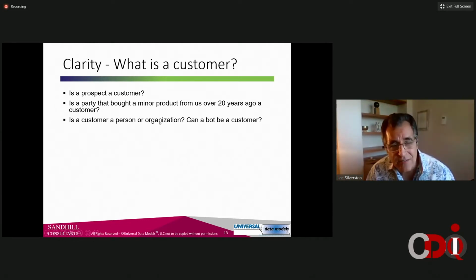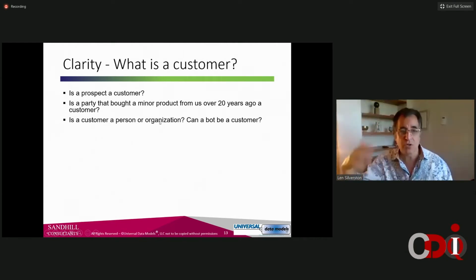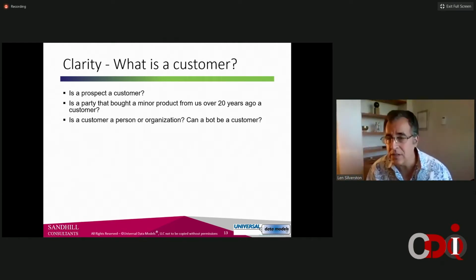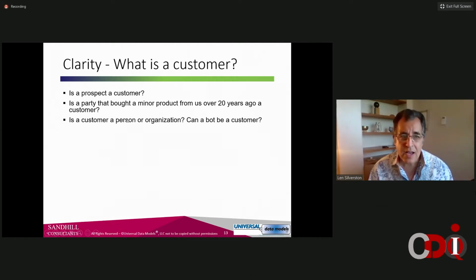Now, when I see a definition that says a customer is a person or organization that buys from us, there's a big semantic ambiguity there. First of all, a bot could be a customer, so it's not even a person or organization.